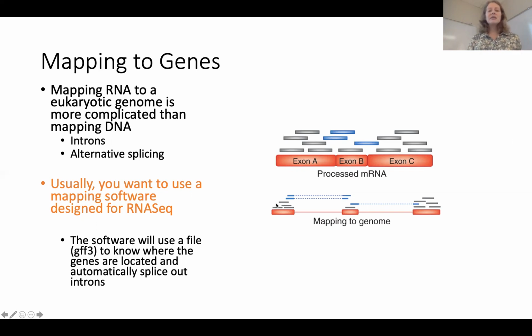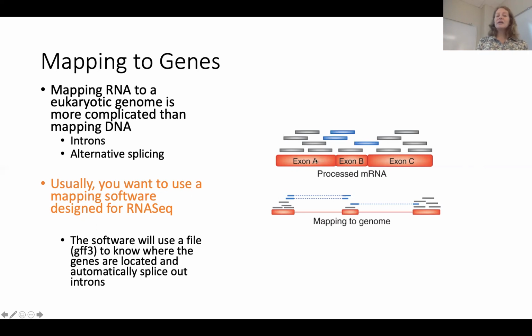So if we were mapping straight to a genome, some reads would map perfectly on top of an exon, and that would be fine. But some reads are actually going to be split between the first exon and the second exon, or the second exon and the third exon. So when the read mapper is trying to find this, think about all of those words that it would not be able to use because of that massive gap.